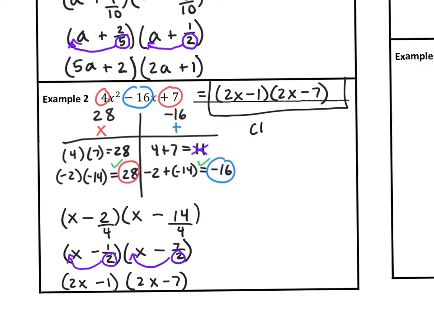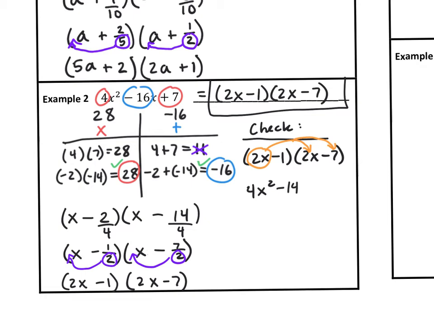And let's check it. I'm just going to check the first two. Okay, so it's 2x minus 1 and 2x minus 7. And so we're going to multiply 2x times 2x and times 7. 2x times 2x is 4x squared. 2x times negative 7 is negative 14x.